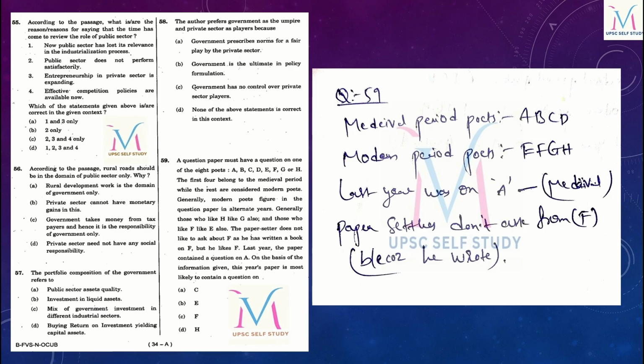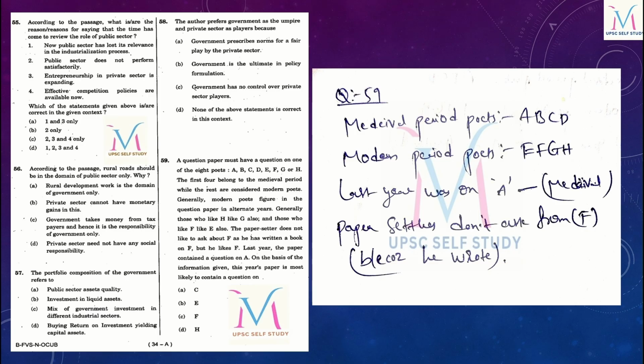Next, private sectors need not have any social responsibility. For this 56th question, all the options apply, but mainly B shows the main reason: the private sector cannot have monetary gains in this. So for the 56th question, the answer is B.